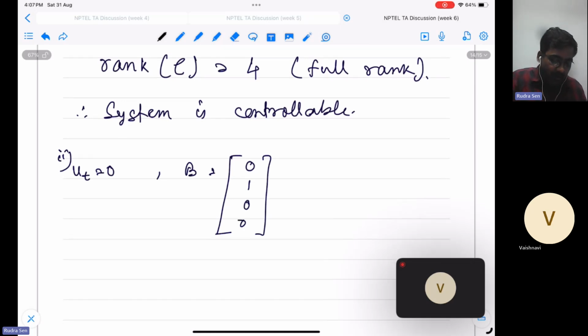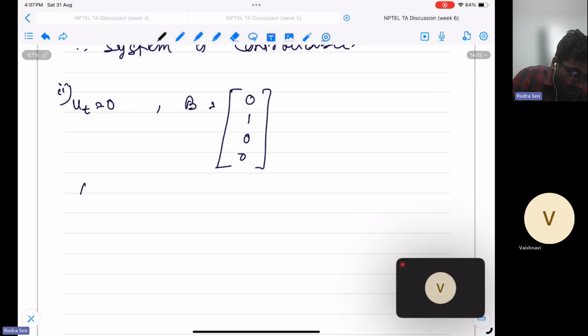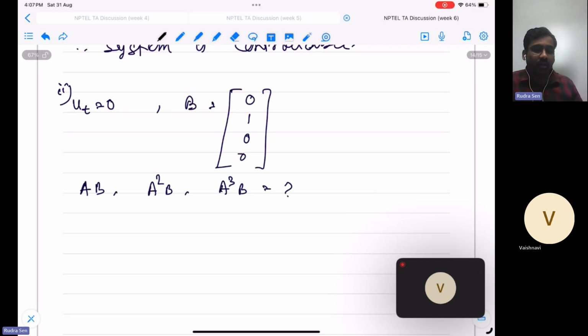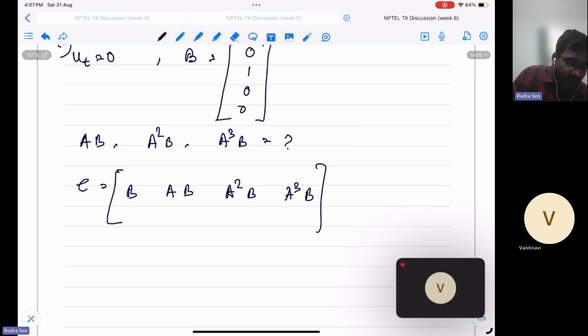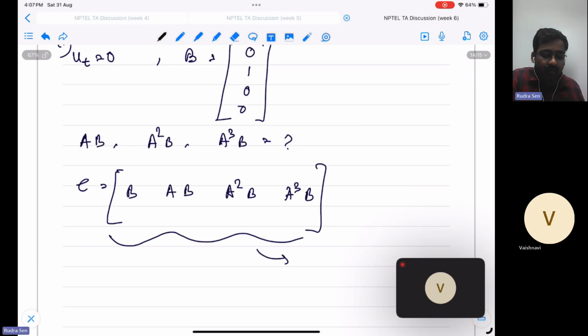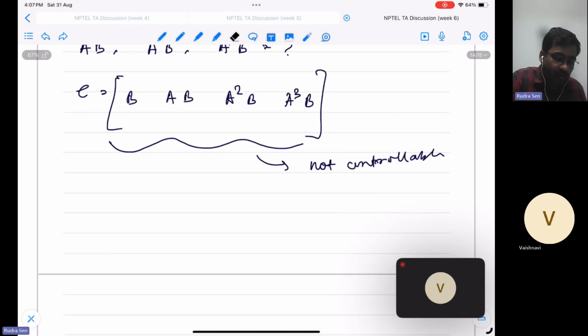So this is the B matrix, and now you have to find AB, A square B, and A cube B. Put all these vectors in a C matrix and you will see that this matrix is not controllable.